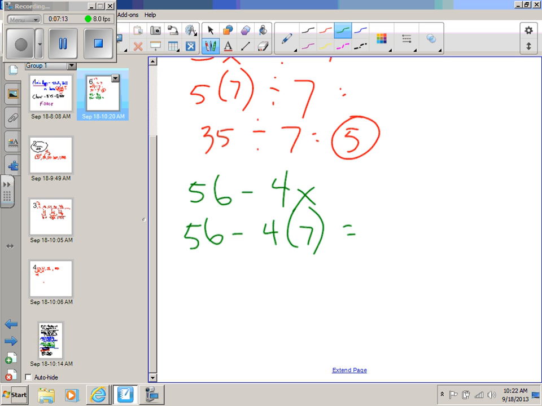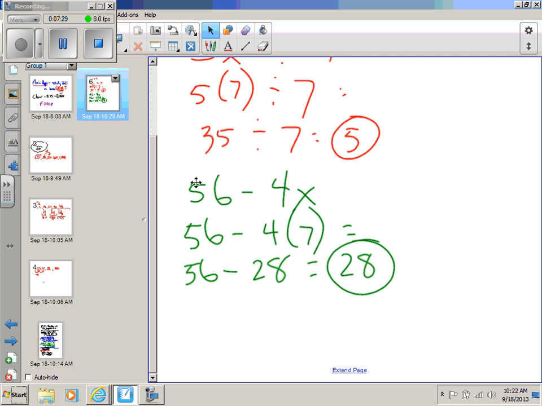So 56, take away 28. It's 28. Very good. So a little bit of everything. They bring the variables back, they bring the expressions in, and they're also going to require that you pay attention to the order of operations as well.